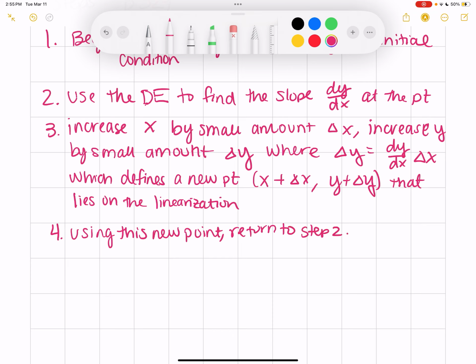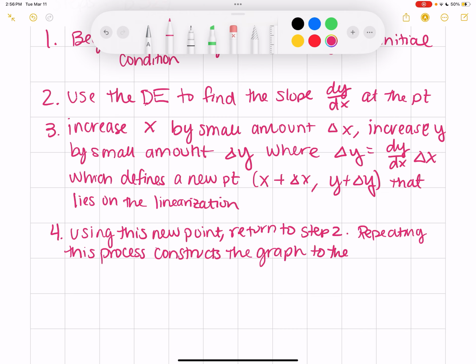Repeating this process constructs the graph to the right of the initial point.